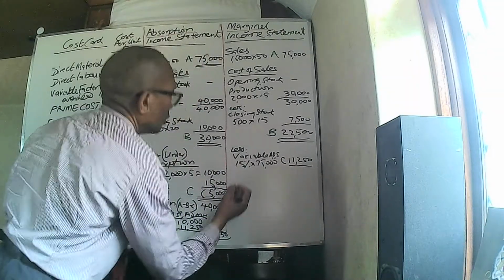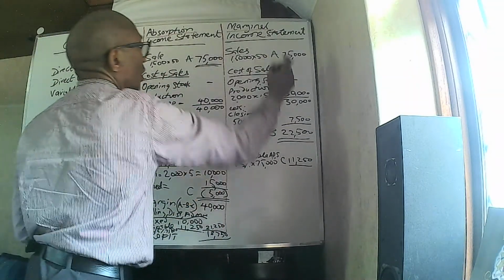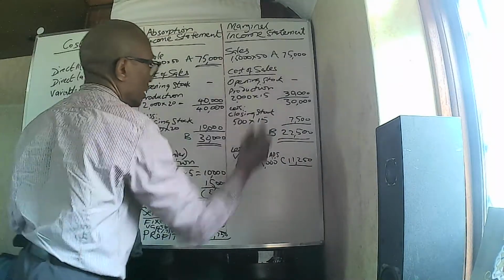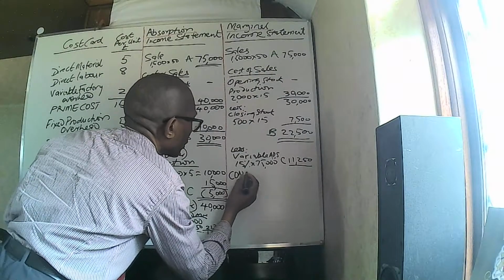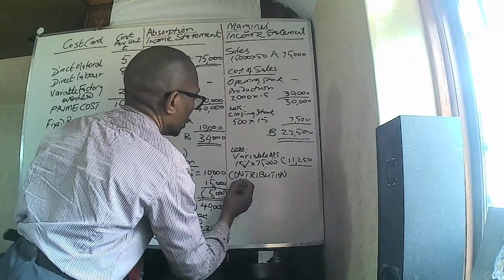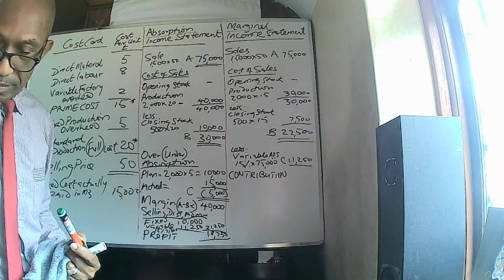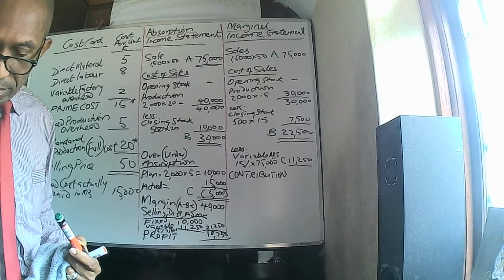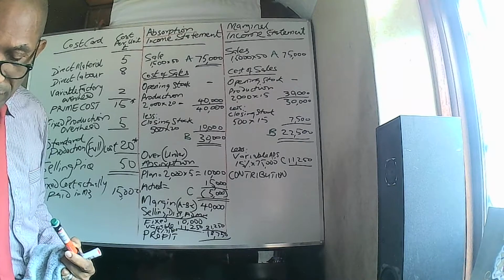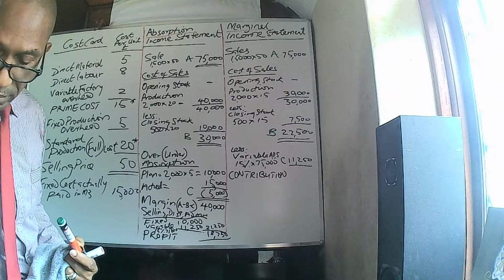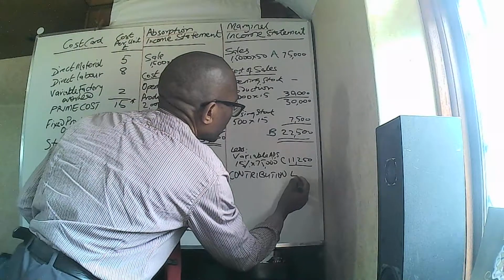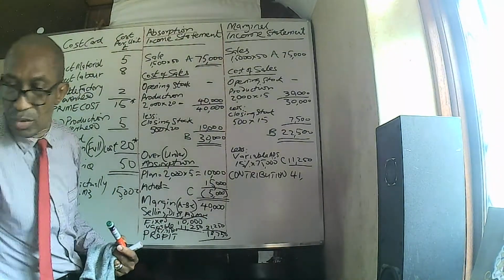When I now deduct B and C from my A, it will give me the contribution towards fixed cost, which will now be 75,000 minus B, 22,500, minus C, 11,250, which is 41,250.